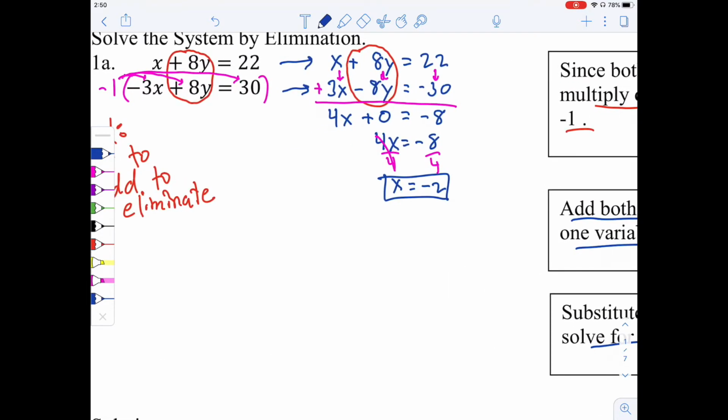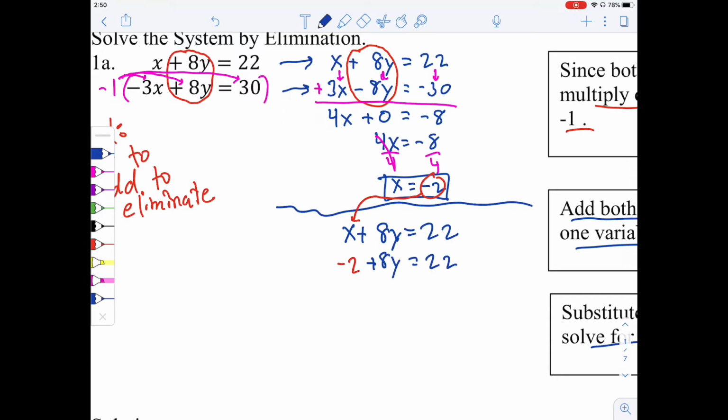So now we're going to substitute that into any equation. Let's use the first one. We take our x is -2, and put it in for x. So we have -2 plus 8y equals 22. Now we can solve for y because that's all that's left.